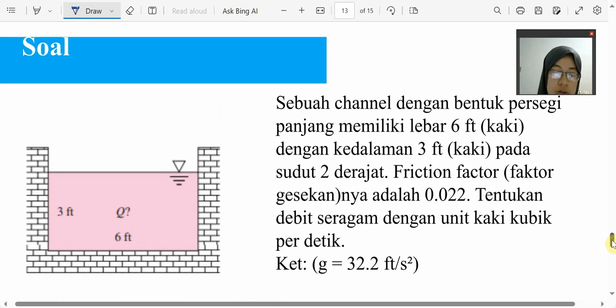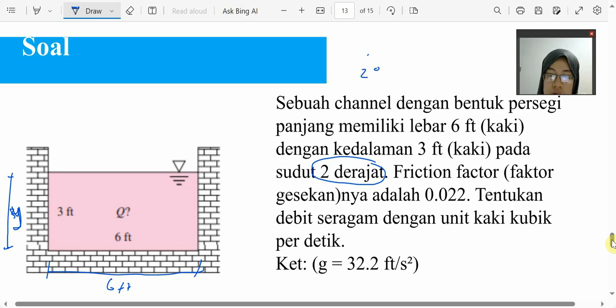So, another example problem. There is an open channel with a rectangular shape. The B here, the bottom or the bed, is 6 feet, and the Y, the flow depth, is 3 feet. And the slope, theta, is 2 degrees.